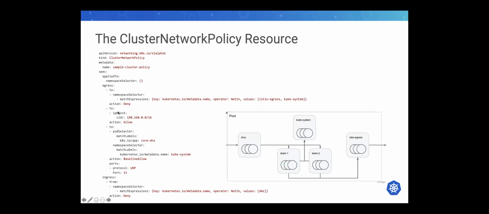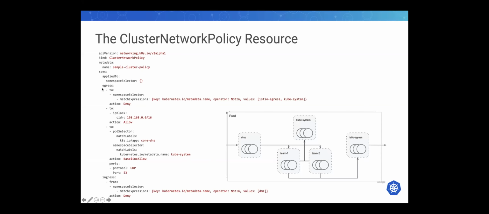It is also allowed to talk to this particular CIDR. Maybe there's an internal CIDR that the cluster needs to be able to talk to, so it explicitly allows traffic to this CIDR for all the namespaces. And as a baseline rule, that is, if no network policy overrides this, it allows these namespaces to talk to the core DNS pods that exist in the kube system namespace.